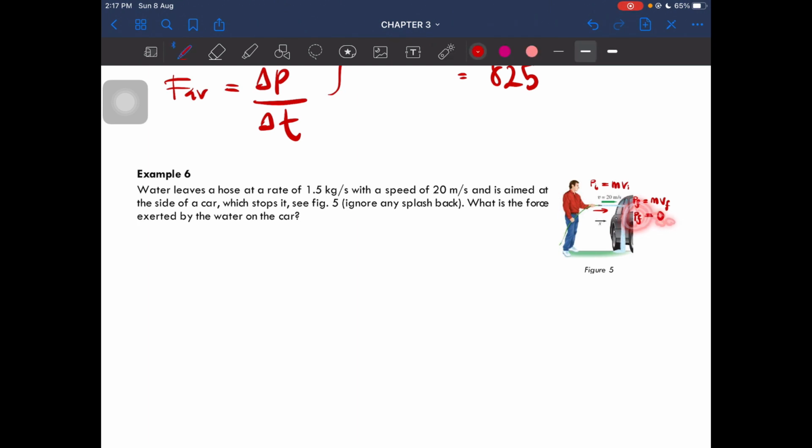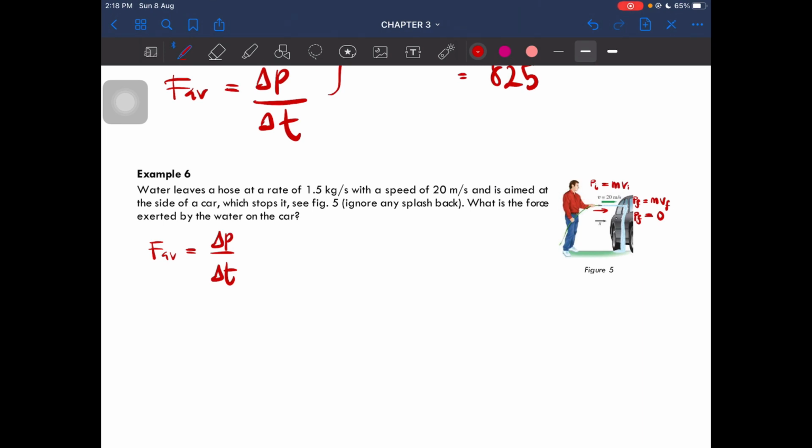Now, why do I care about the initial and final momentum is because we will be using this formula again. However, the question didn't give us the time, but the question has already given us the rate, how many kilograms per second of water leaves the horse.